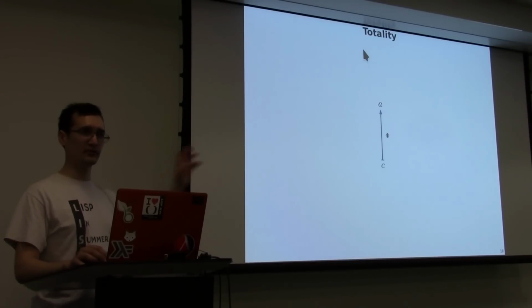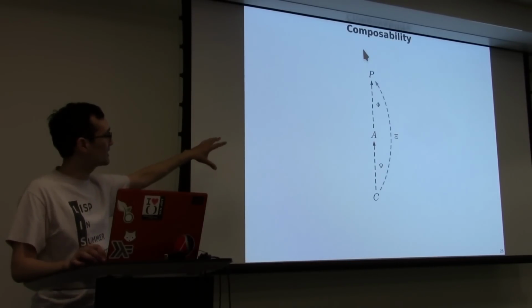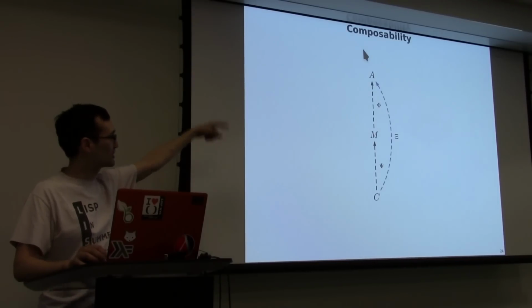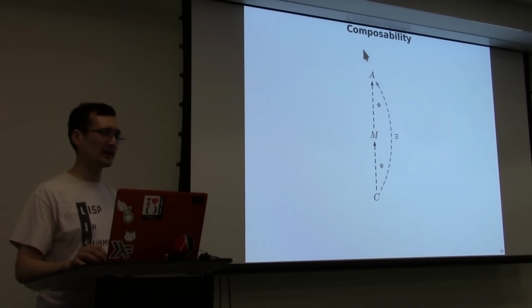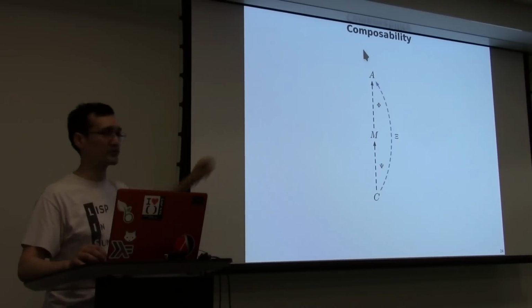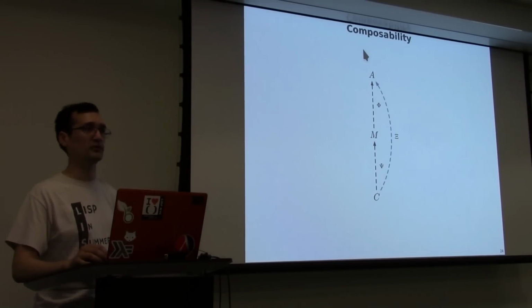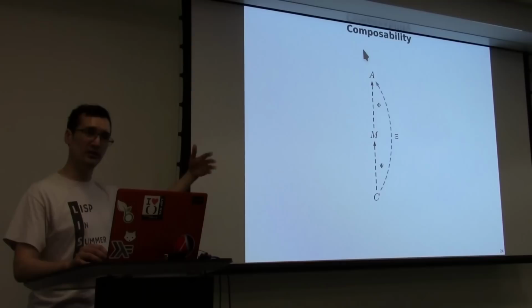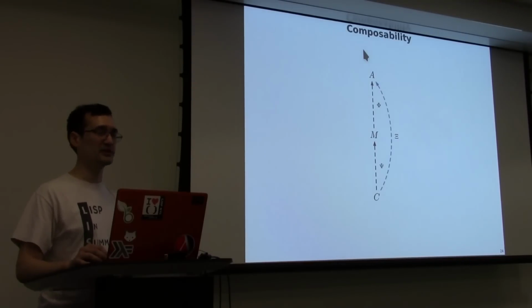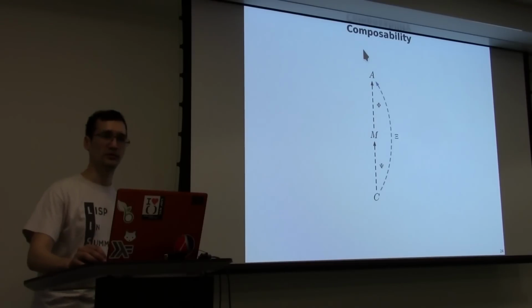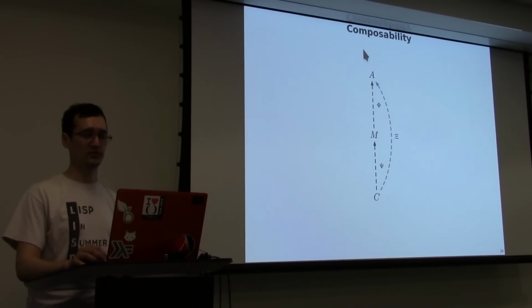That is, if I have totality for phi and psi, I will have totality for the total thing. And a lot of interesting properties do compose and some don't compose. So you have to be careful how you write your properties so that they do compose.